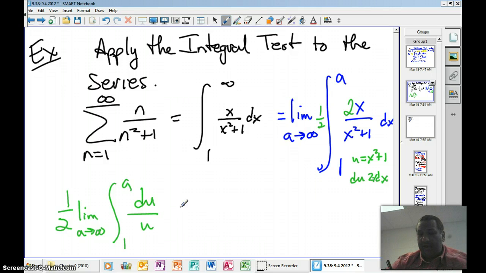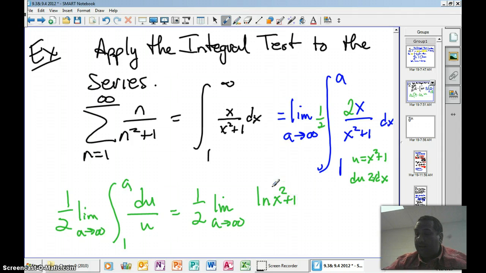We take the integral, and we get 1/2 the limit as a goes to infinity of the natural log of u, which is x squared plus 1, evaluated at a and 1.